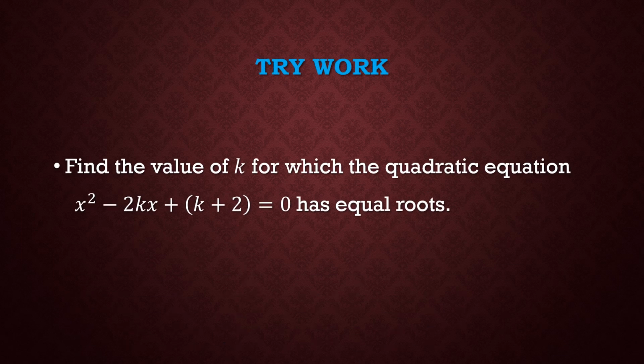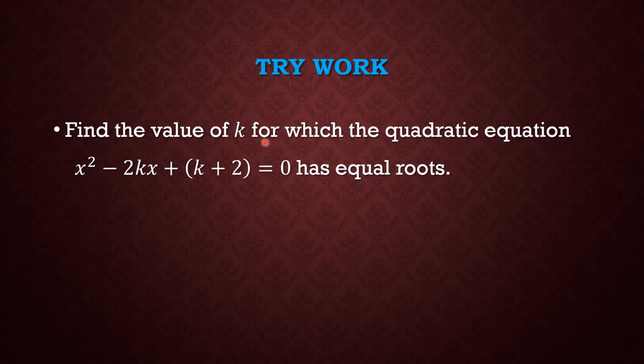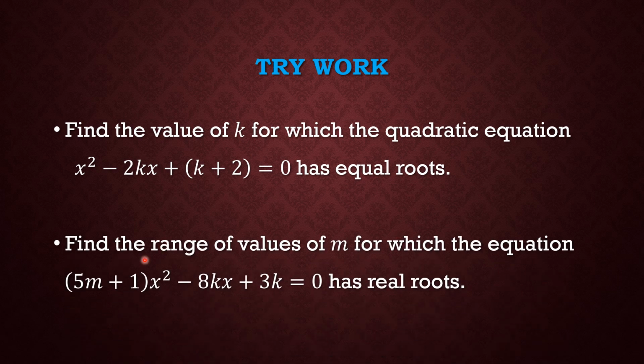Now, there is a try work for us to try our hands on. We have to find the value of k for which this quadratic equation x squared minus 2kx plus k plus 2 equal to 0 has equal roots. So try your hands on this question. And we also have to find the range of values of m for which this equation has real roots.